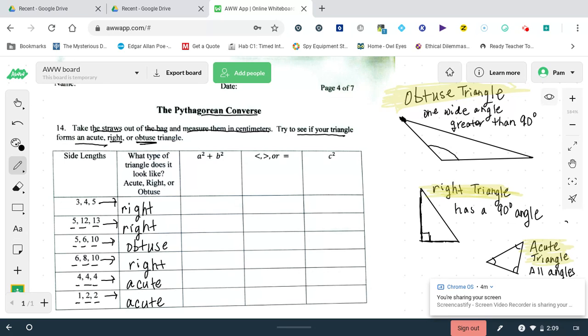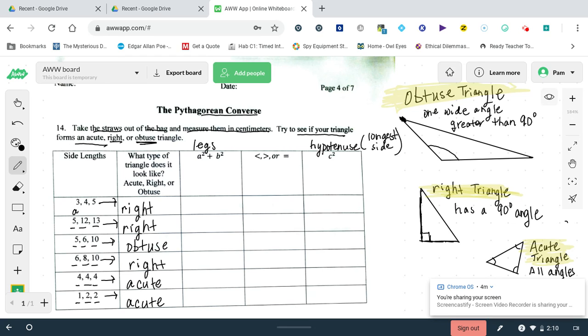So you have a squared plus b squared equals c squared. C is always the longest side. Here you have a squared plus b squared; these are your legs. Over here you have c squared, so that's your hypotenuse squared, which is the longest side. In that third column, we want to focus on the legs, the two shortest sides.